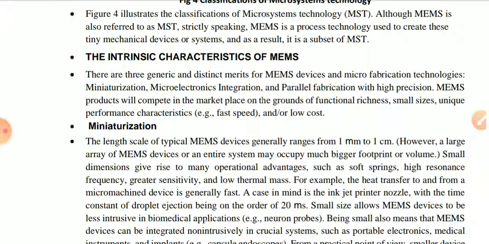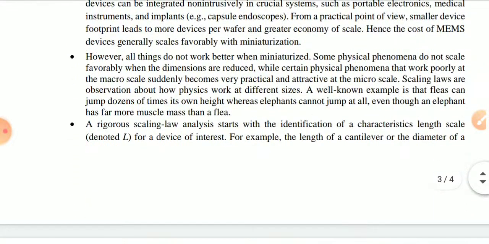For example, the time constant of an inkjet printer is typically 20 microseconds and limited by scaling law. So that is a very good advantage of miniaturization, and day by day the size is reduced with the help of MEMS technology.